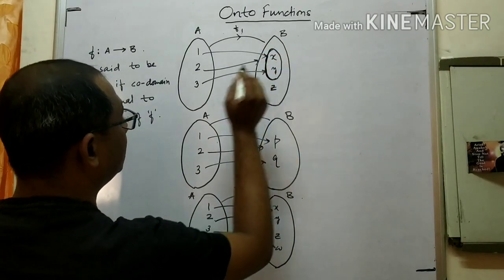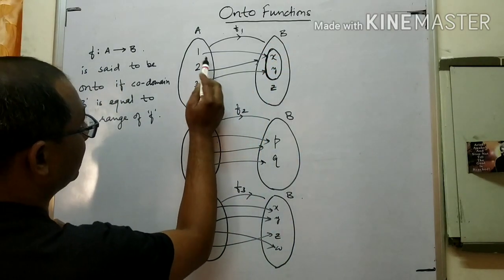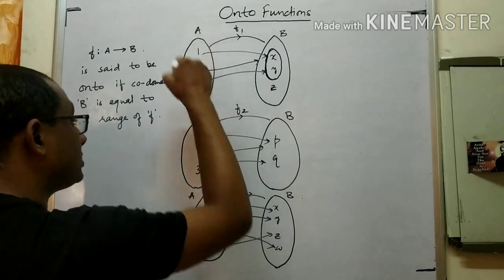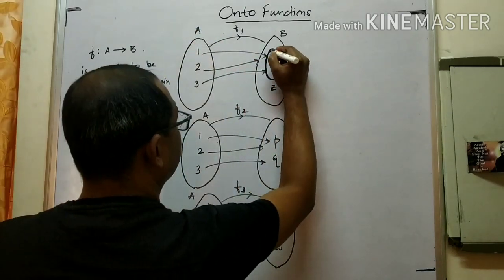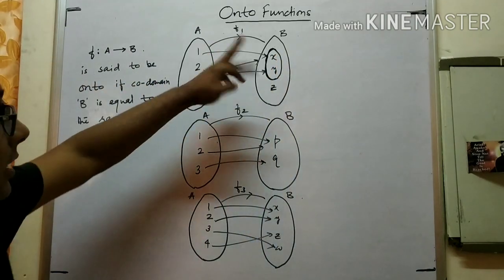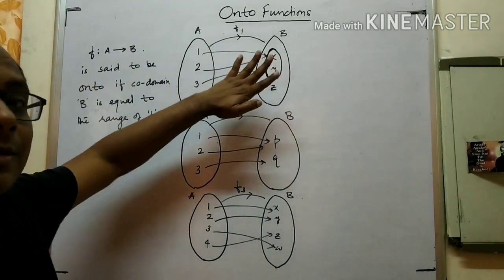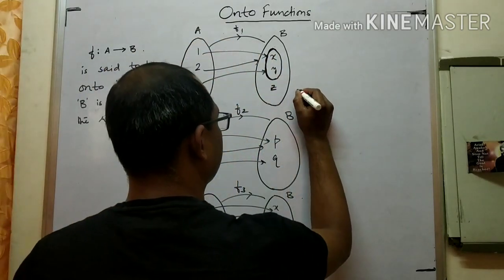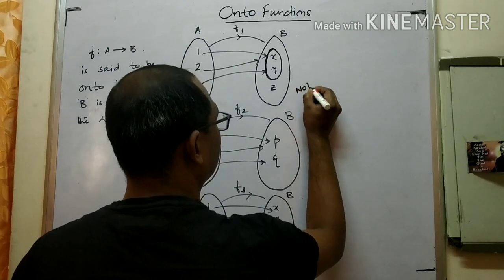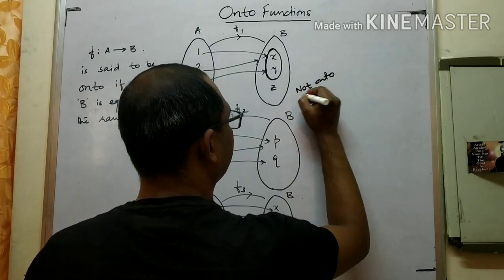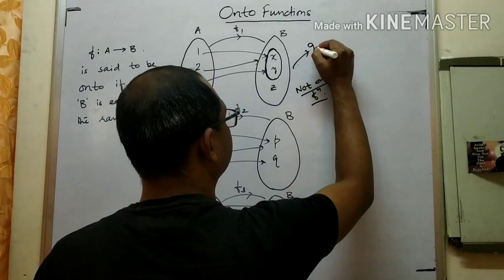So here 1, 2 and 3 are mapped to x and y, which means the range of this function is the set containing x and y, which is not equal to the codomain. Had it been equal to the codomain, we would have said this function to be onto. So definitely this is an example of a not onto function. In fact, this is an into function.